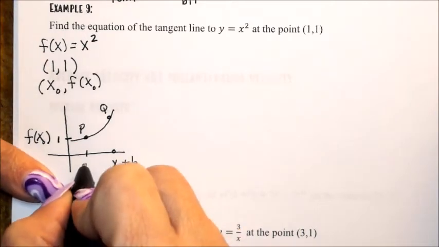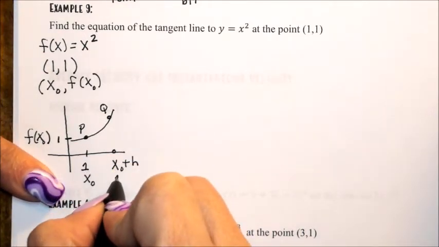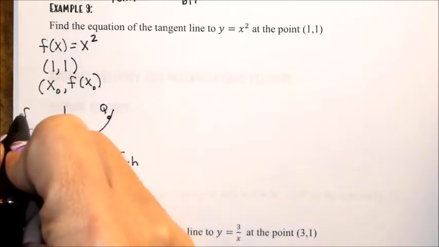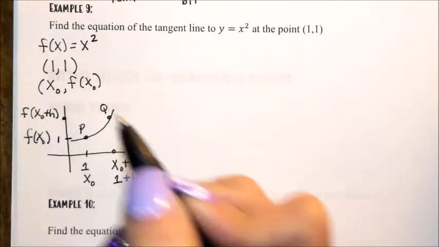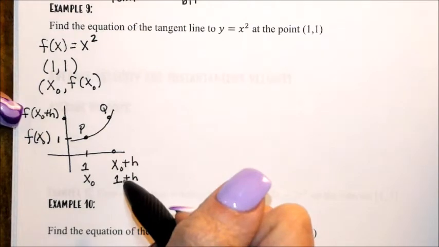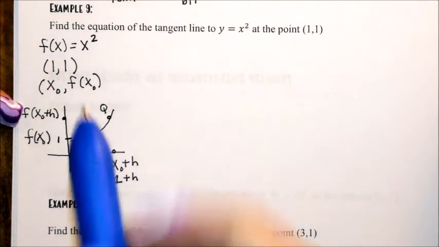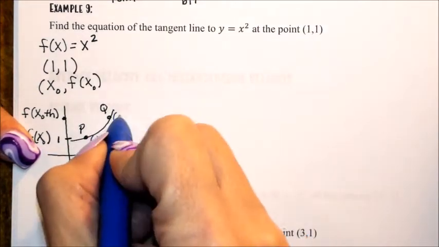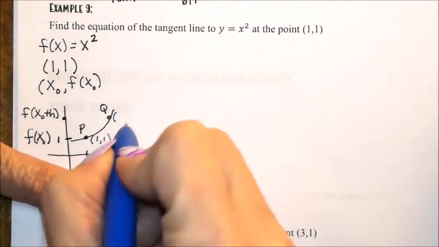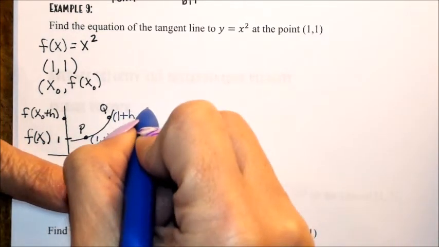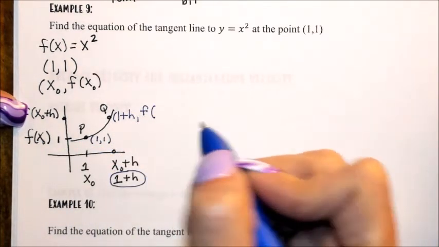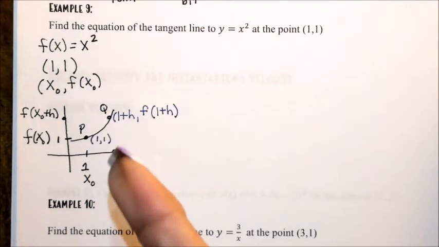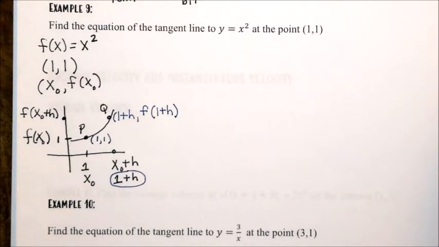Well, if x naught is 1, wouldn't I replace that and say this is 1 plus h? And then this point up here, f of x naught plus h, just going off the one we did a while ago, would be f of 1 plus h. So let me label my ordered pairs. This is over 1, up 1. This is over 1 plus h, and up f of 1 plus h. Bam. There are my two ordered pairs.